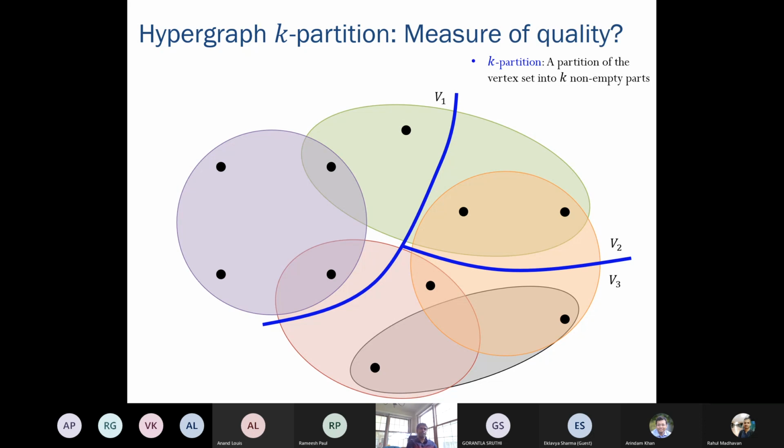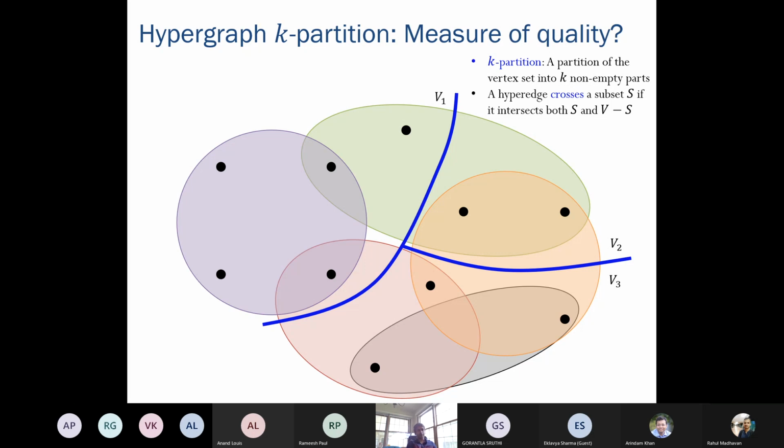Next, how do we measure the quality of a K partition? We need some terminology. We will say that a hyperedge crosses a subset S if it intersects both S and the complement of S. S here is a subset of vertices. For example, the hyperedges crossing V1 are the red and green hyperedges.